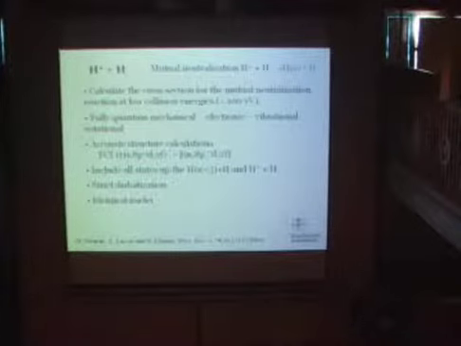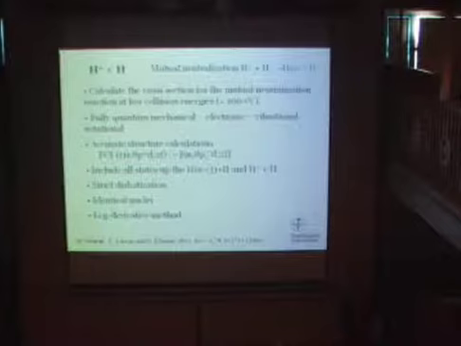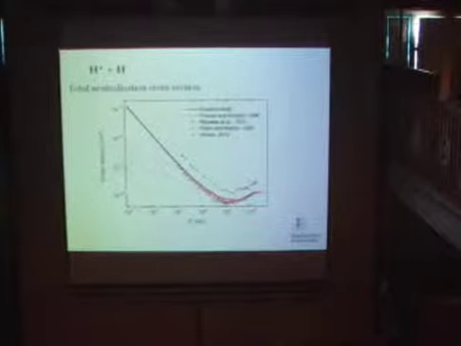We included the fact that the nuclei are identical, and instead of solving the coupled radial Schrödinger equation, we solved a matrix Riccati equation for the logarithmic derivative of the radial wave functions. This is the result, and I compare it here with the results by Xavier, which I hope you will hear more about in the next talk.